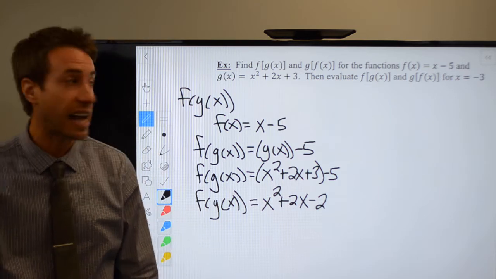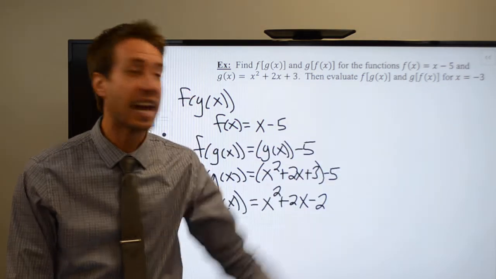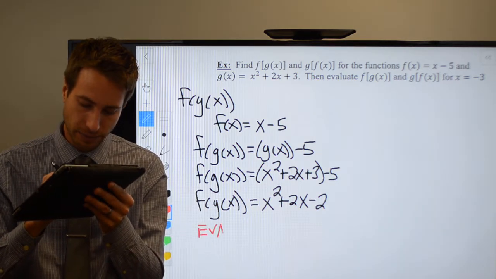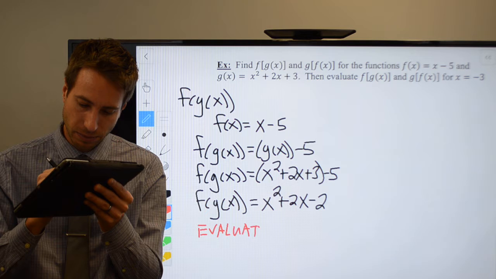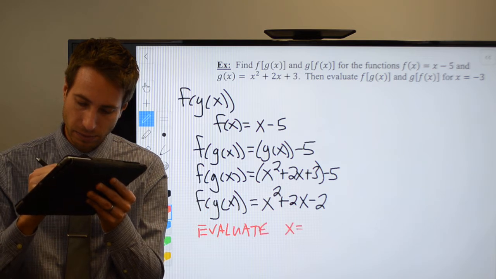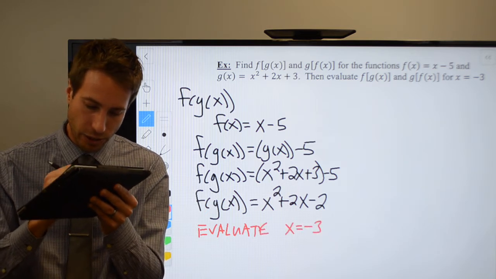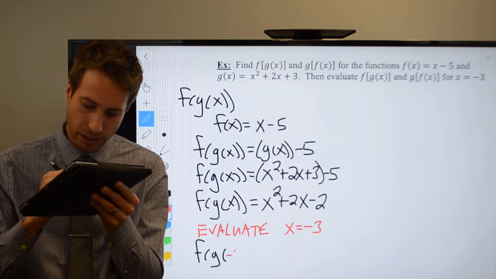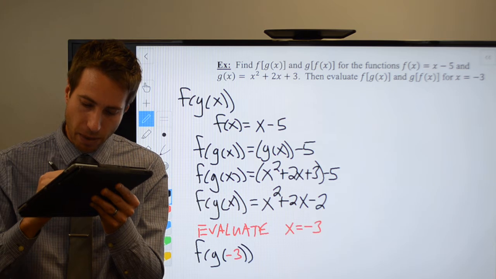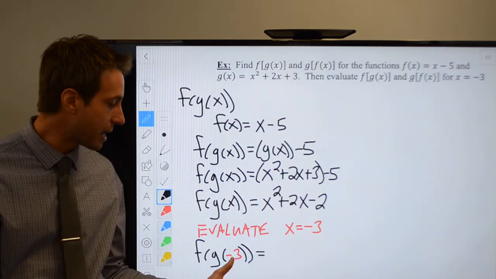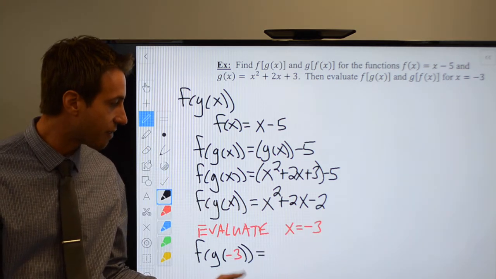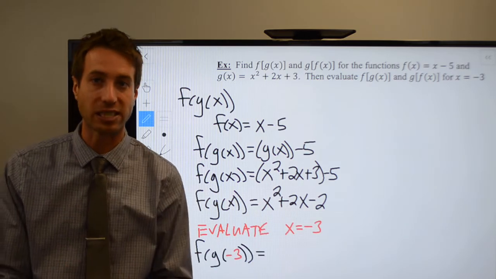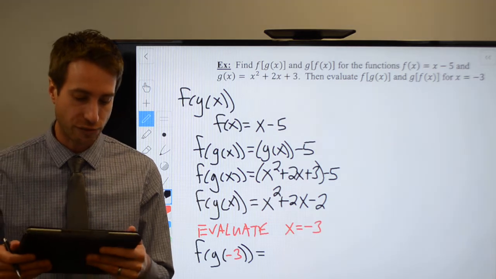But then I ask you to evaluate at x equals a negative 3. So let's do that. So I'm going to do f of g of negative 3, where negative 3 is my domain value, which means I'm going to plug that domain value in everywhere I have an x and evaluate my composite function to get out my range value.